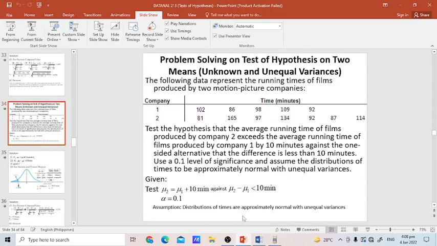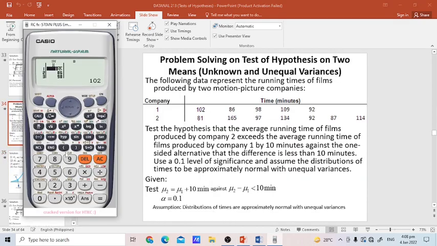So we have 81, 165, 165, 97, 134, 92, 87, 114.